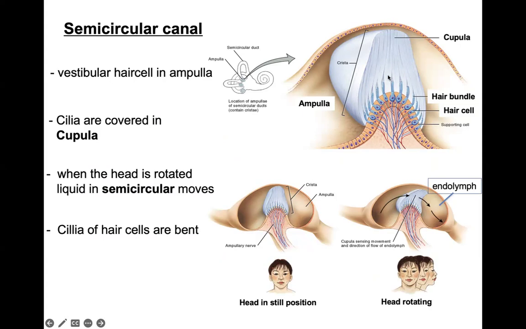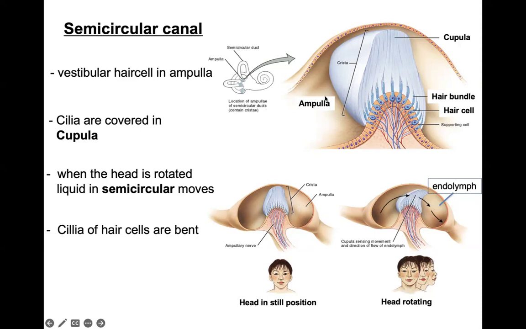Those cilia are buried in the structure called the cupula, right? So this cupula covers those hairs, and inside this semicircular canal you have the fluid, right? It's filled with fluid.